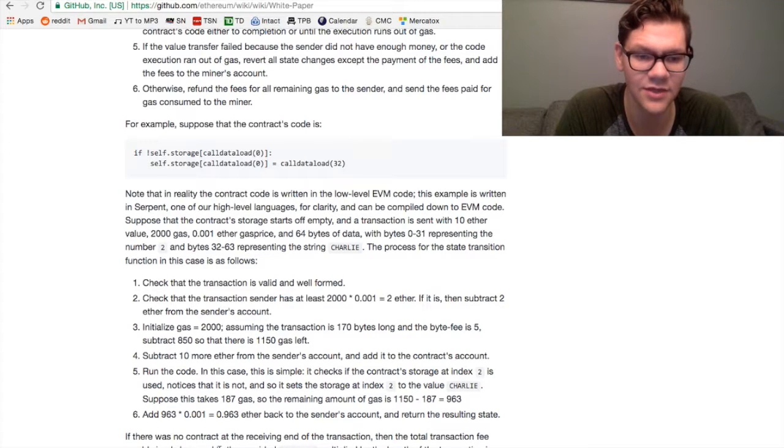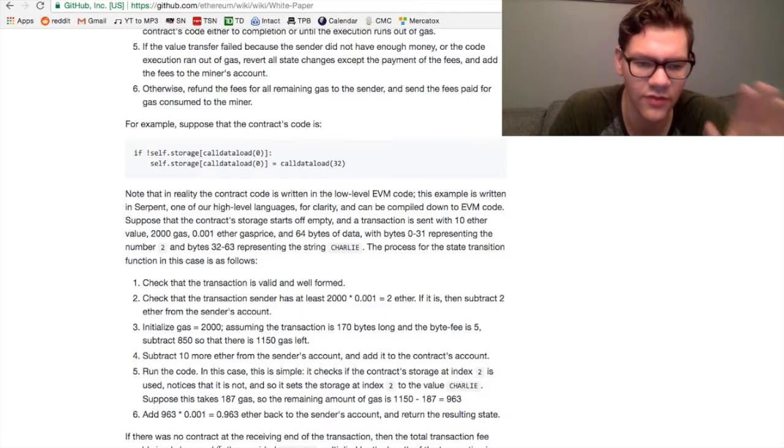Initialize GAS = 2000. Assuming the transaction is 170 bytes long and the byte fee is 5, subtract 850 so that there is 1,150 gas left. 4. Subtract 10 Ether from the sender's account and add it to the contract's account.